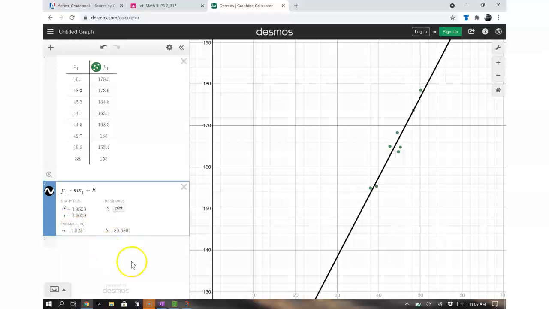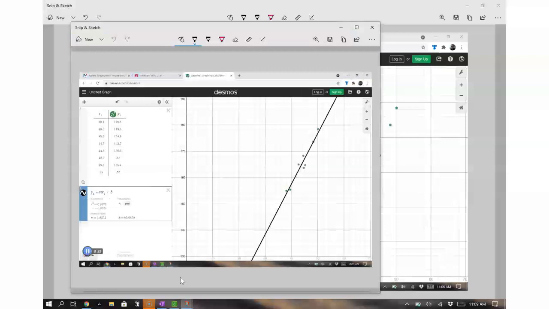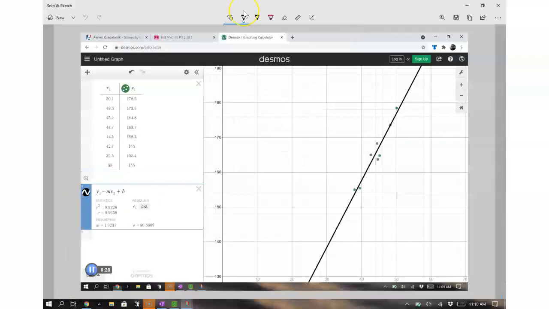So what I'm going to do is, let me write down the formula according to what it's doing here. Let me take another screenshot here. So my formula, according to this, is y equal to m. It's right there, 1.9231. I'm just going to use 1.92x plus b, 80.68.